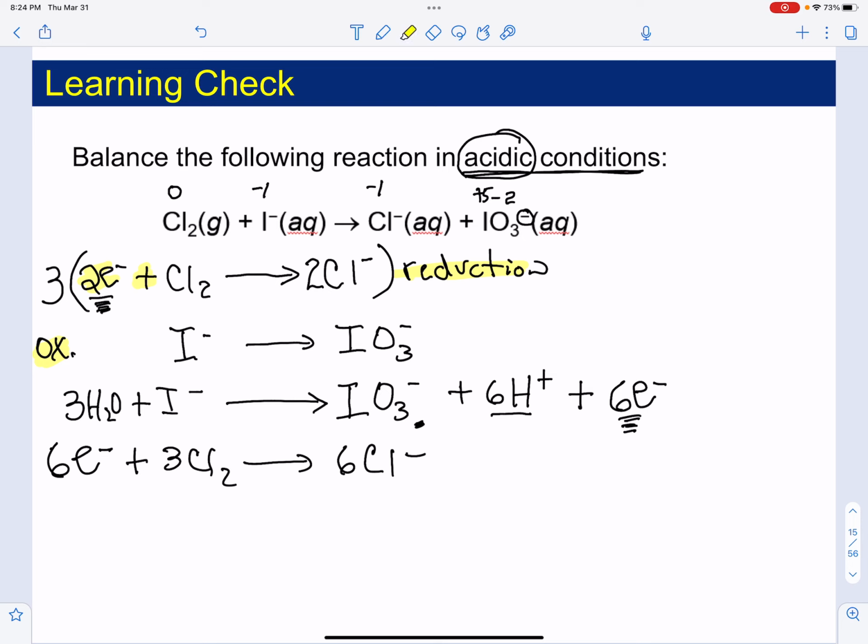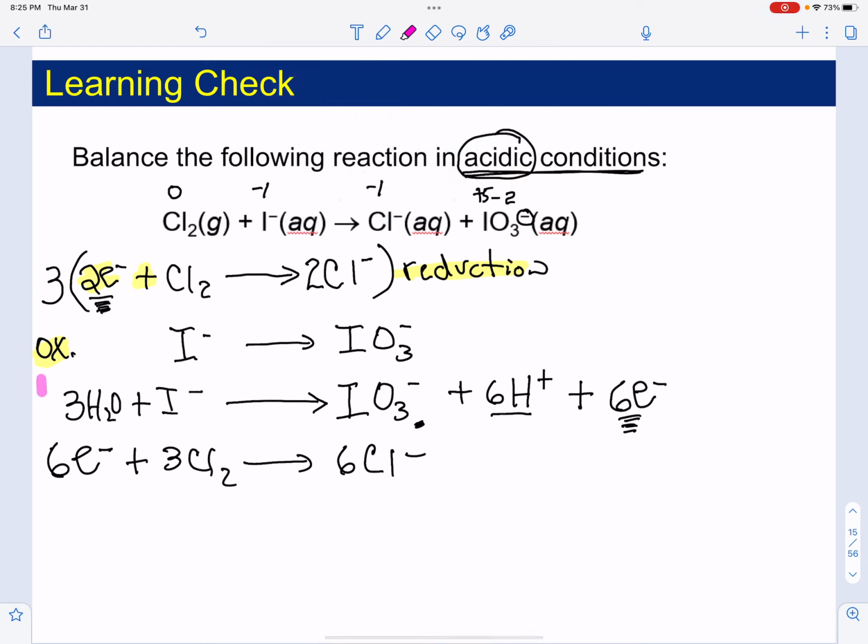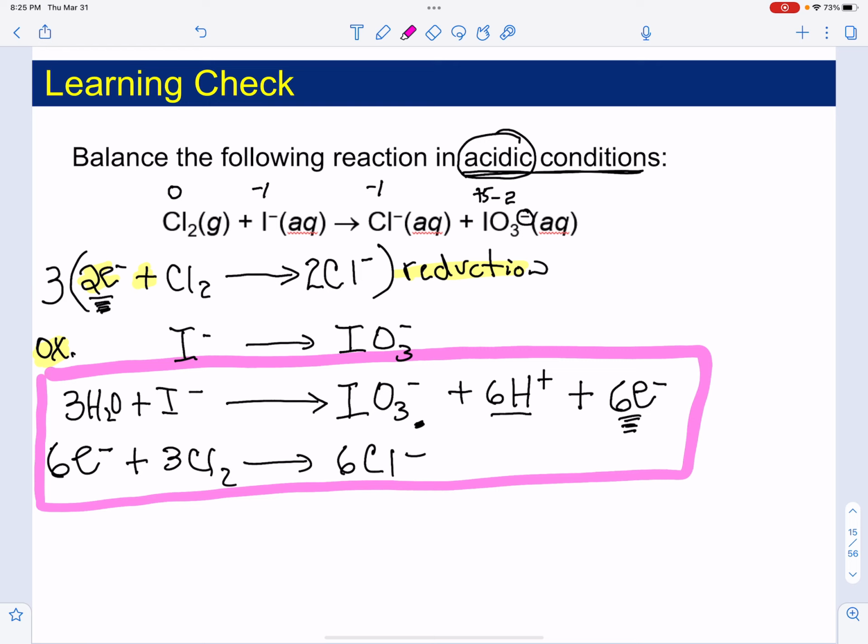And now we're gonna bring these two reactions together so we can get the balanced equation. The reason the electrons have to be the same is because the electrons do not show in the final equation, so they have to cancel, because you have them on the left side and on the right side.